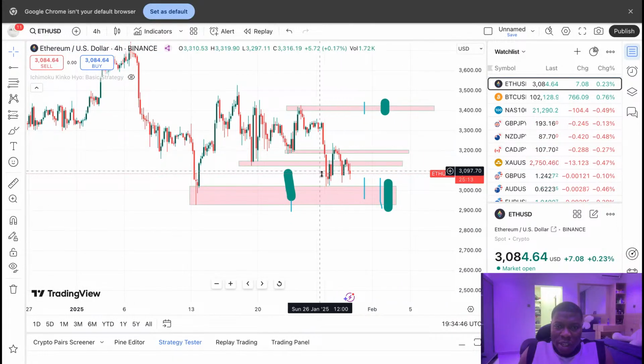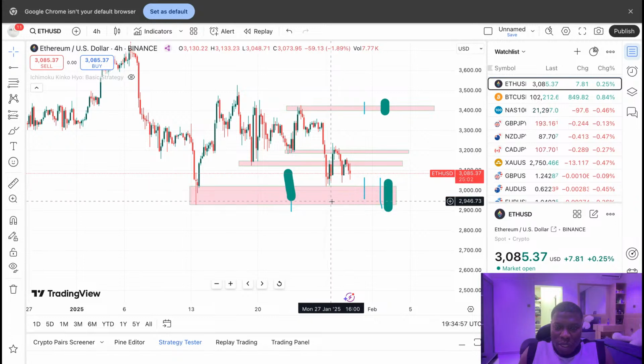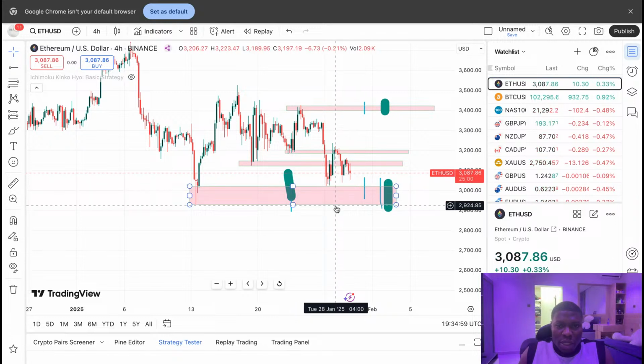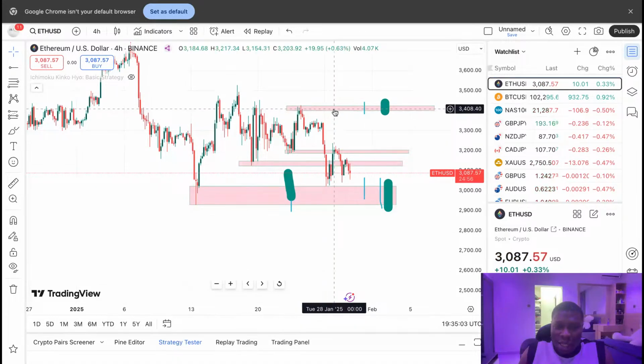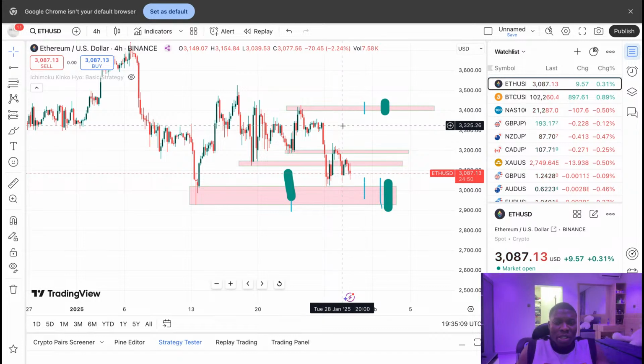Let's say this area is completely tested and Ethereum breaks out of this and this, then the next target will be here. If it breaks out of this, the next target will be here. There is nothing stopping it. If there is a breakout and a complete retest, and you target the next region, your analysis will play out very perfectly. So you can simply trade support and resistance anytime in the market.